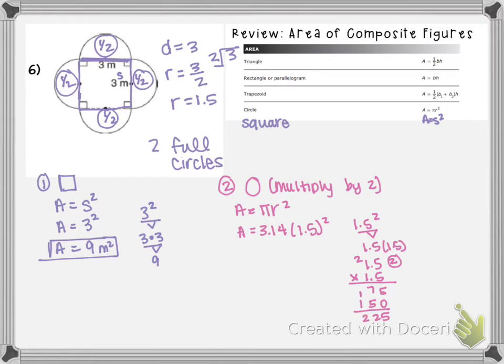Carry your 1, 2. 1, 2. Awesome. So area equals 3.14 times 2.25. Okay. So then now I need to multiply those 2 numbers. I'm going to come over here and do that. 3.14 times 2.25. That's 4 numbers to the right of the decimal. Okay, so we have our multiplication here.